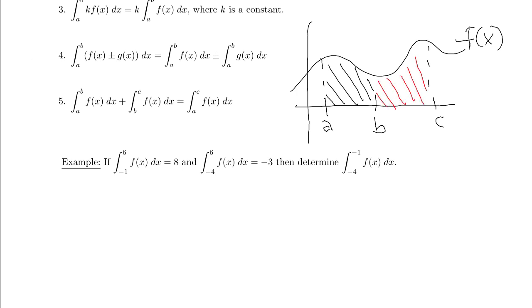And that's going to still result in the same thing as the area from a to c, because, if I do it here, let's say in blue, the area from a to c, of course, is just this whole region. And so if you add up the black lines and the red lines, those areas, you end up with the same lines that the blue lines are covering. So this is what property 5 is saying, is that you can split up a definite integral with any numbers in between the two outside bounds.